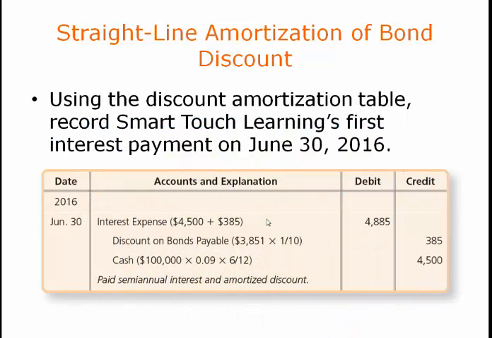Your interest expense is the $4,500, which is 6 divided by 12 times 9% times 100,000. That's this calculation here. And then we're taking 1/10 of the discount on bonds payable, $385. We're adding that in, so our total interest expense is $4,885.